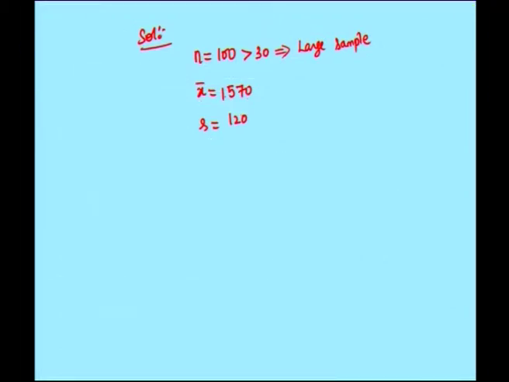So, x bar is equal to 1570 and s is equal to 120, and these two values correspond to the sample of 100 bulbs. Therefore, we have to use the notation x bar and s. And one more information given in the question is mu is equal to 1600, that is your population mean. Okay. So, all the problems have to be done with the steps clearly.